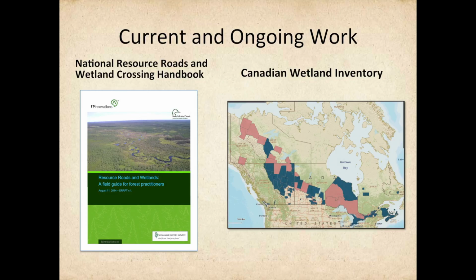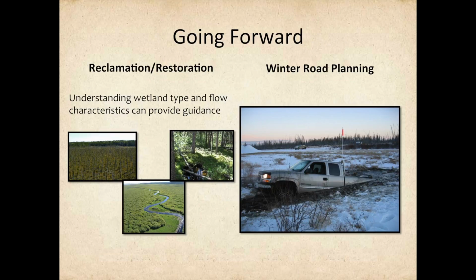And in Saskatchewan, within literally months, that will be completely blue, and Alberta will be almost completely blue, except for, I think, the national park. So that's some work in terms of going forward. Bev mentioned reclamation. We think understanding how these wetlands function is going to only assist people that are going to have to reclaim these wetland sites.